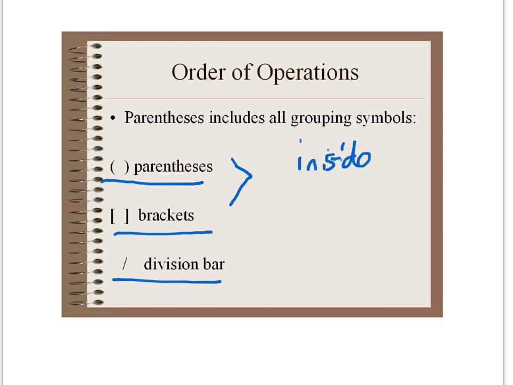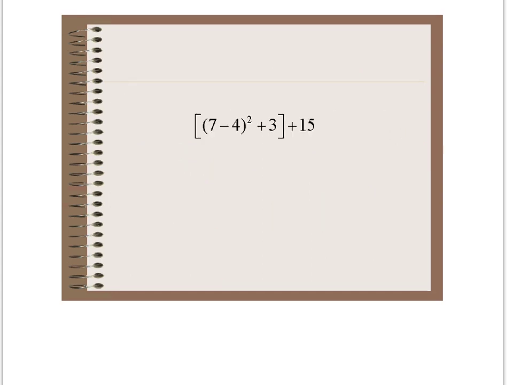So if I get something that looks like this, what I mean by inside out is I'm going to do the parentheses first and then finish the brackets. I'm going to finish everything inside these brackets first, but when I look in the brackets I've got to do the parentheses. So make sure that you're keeping that straight. Parentheses include parentheses, brackets, and division bar. Really it's just grouping symbols.